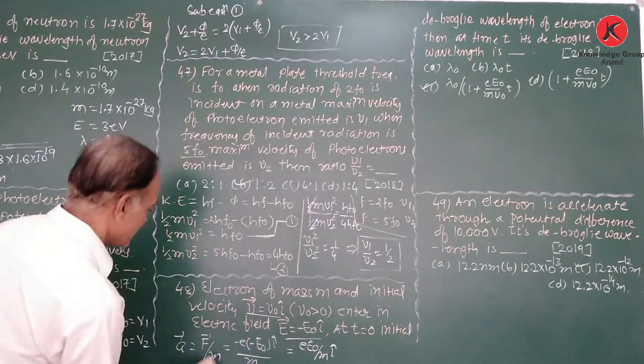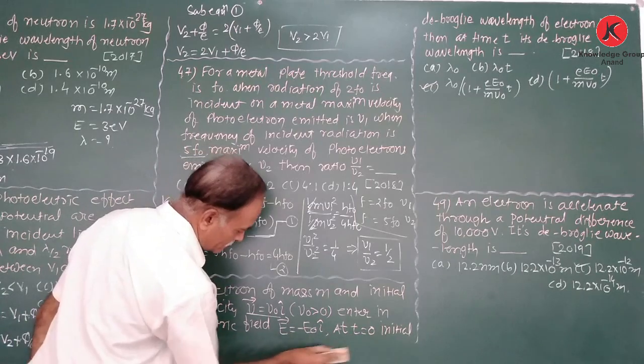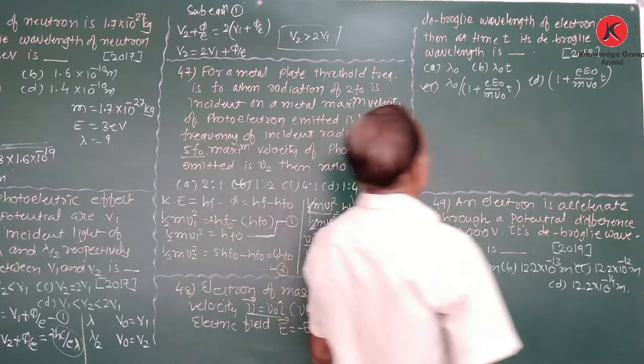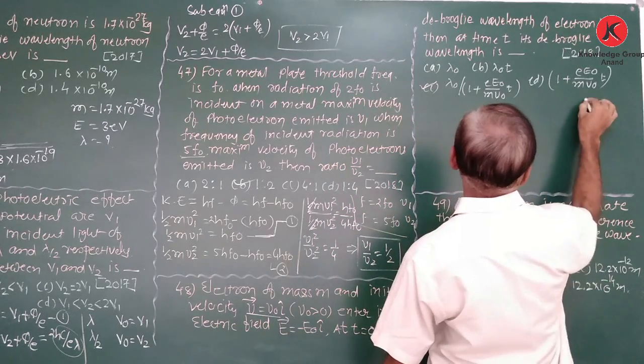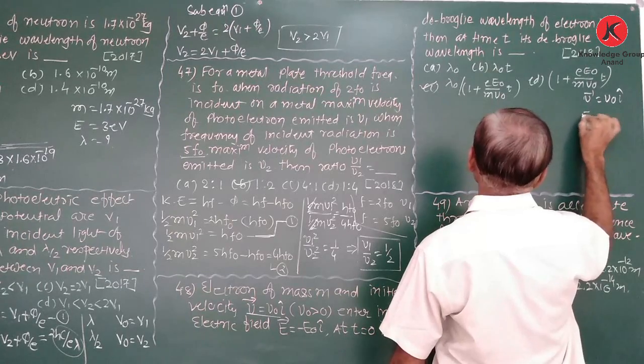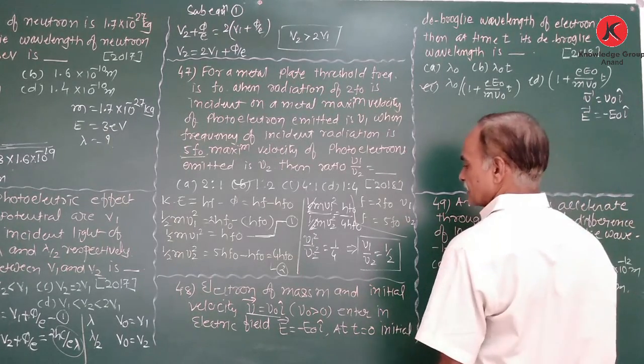Now listen here, the velocity is given v0 i in the positive x direction. The electric field is in the negative x direction, -E0 i.